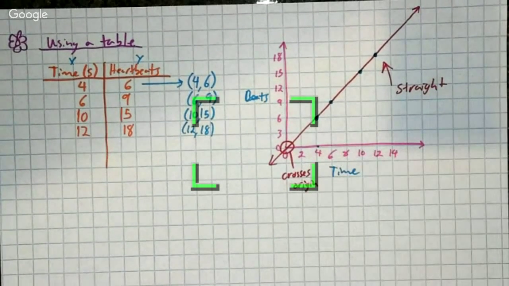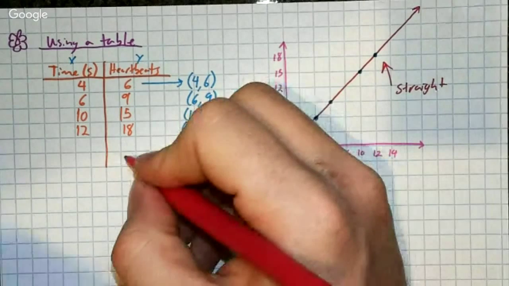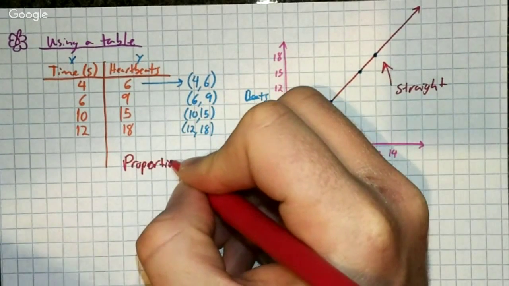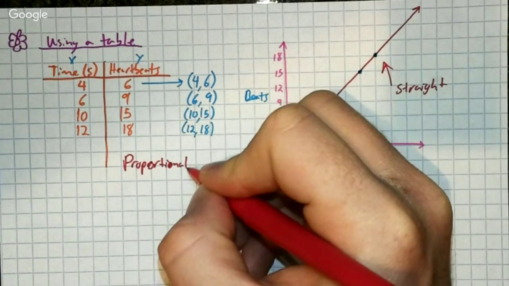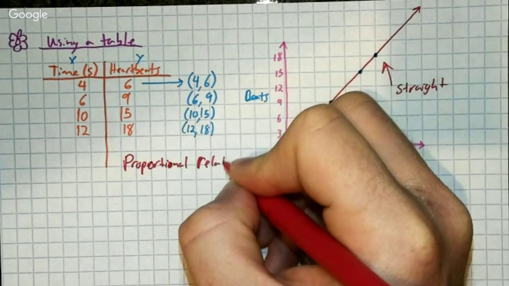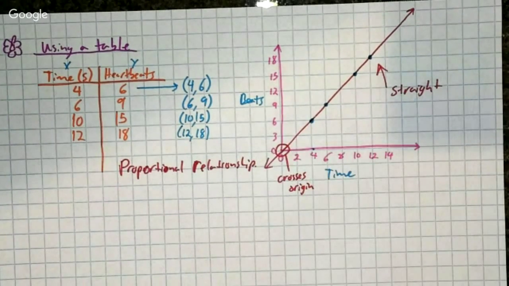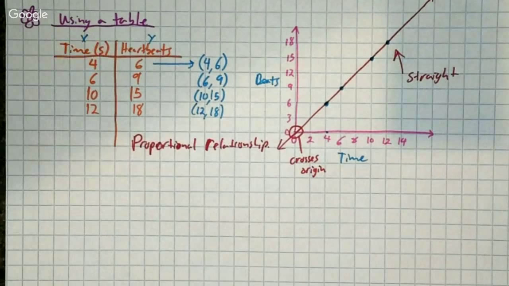So it's straight and it crosses the origin. That means this is a proportional relationship. So that's the way you use a table to figure out if something is proportional.